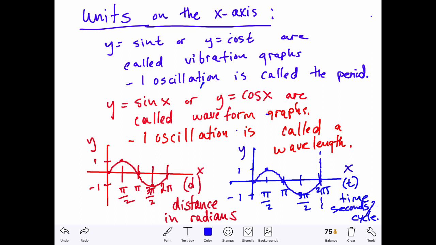Another way we could look at it is here in red, which is y equals sine x or y equals cosine x, which are called waveform graphs, which is maybe more typical of what we're looking at in this section and chapter. One oscillation is called a wavelength, but it could also be called a period. They're pretty interchangeable. Also called one cycle.